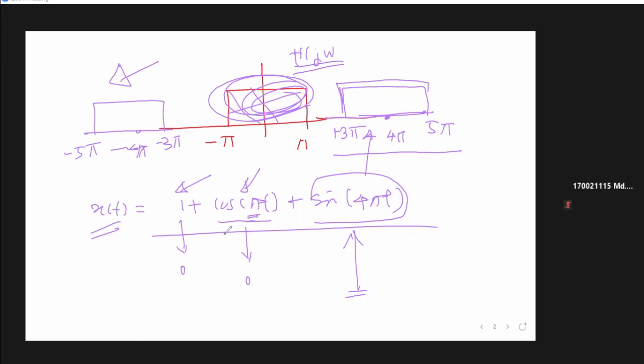What you need to do then, okay, you simply Fourier transform it. If you Fourier transform it, then you will understand how we can proceed with analyzing the signal, okay? Both discrete time and continuous time signals can be analyzed in the same way.